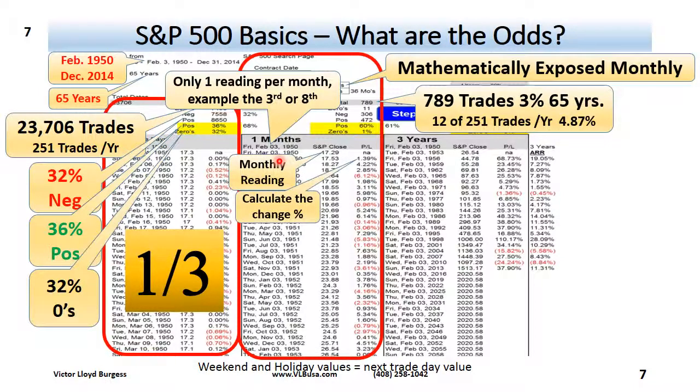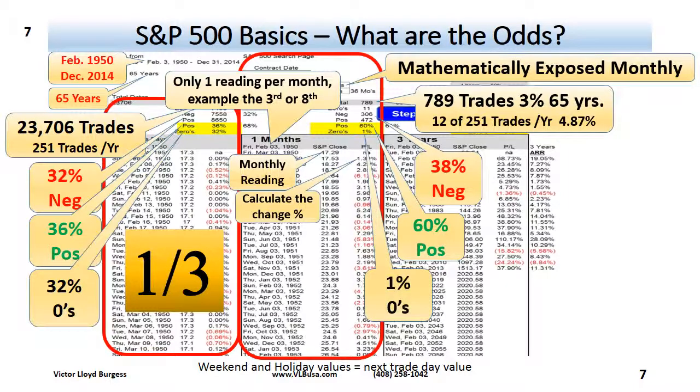We also calculate the change. Now when we count the negatives, it's only 38% of the time. When we count the positives, it's 60% of the time. And the zeros are only 1% of the time. Just by looking at the S&P once per month, we now have a positive movement 2/3 of the time.